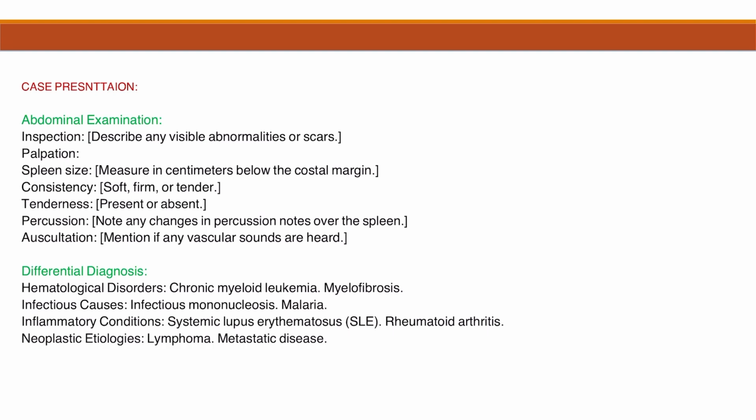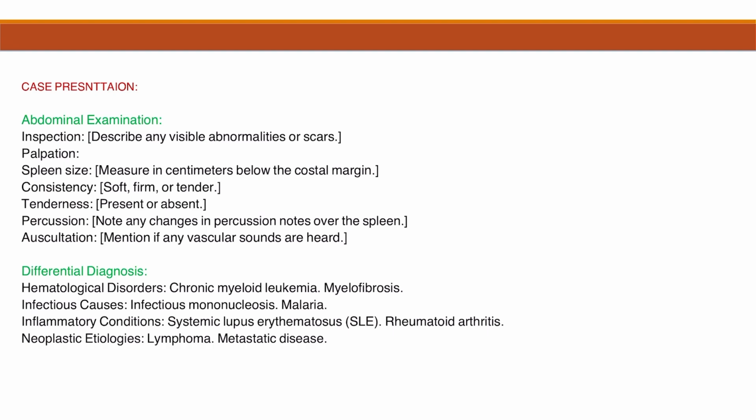Remember that in the short stations, like this abdominal station or the neurology station, if you have a positive finding like the spleen, it is better to give your positive findings first, so that the examiner knows you have already picked up the sign in your clinical examination.